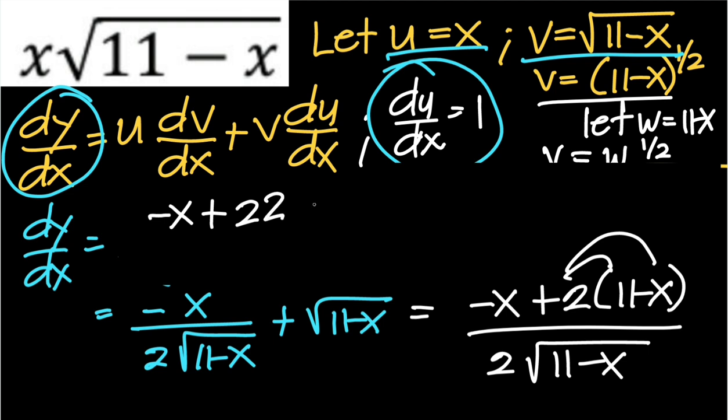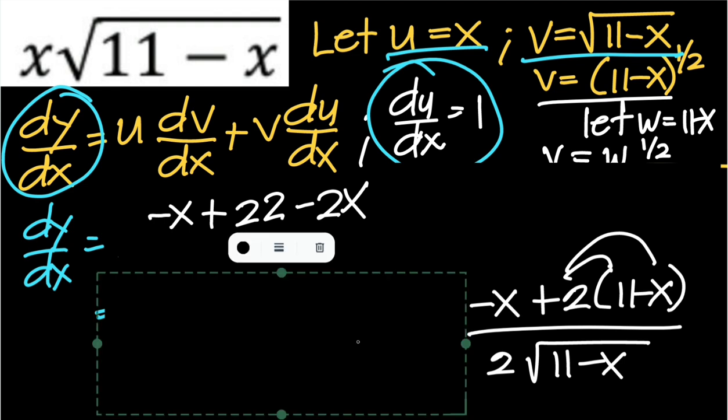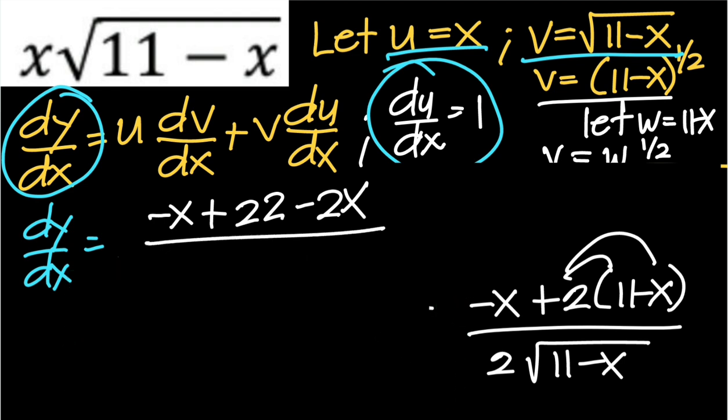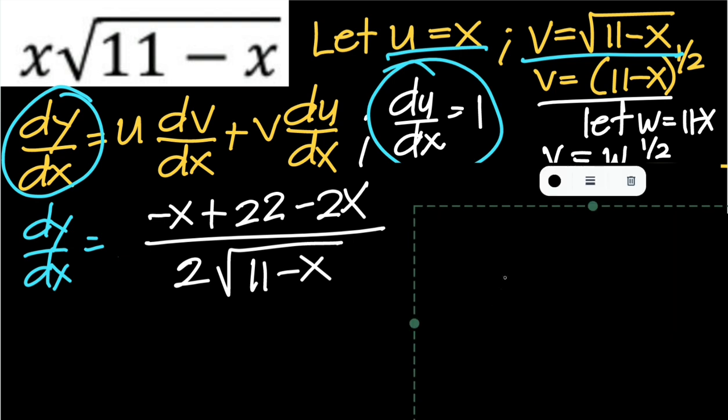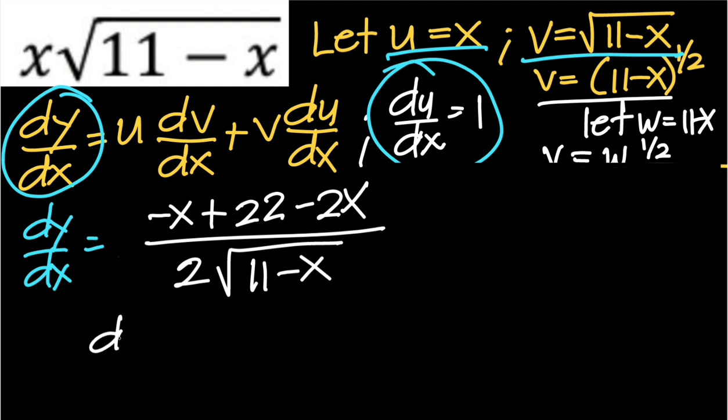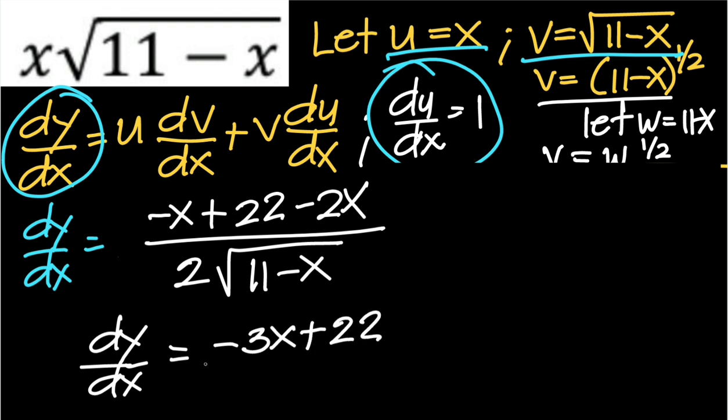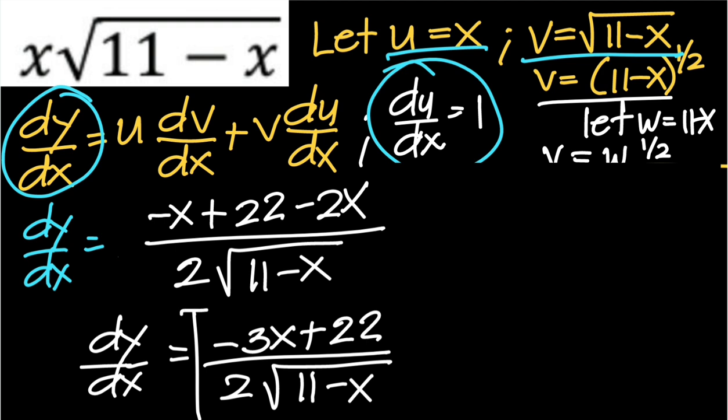This is 22 minus 2x over 2 square root of 11 minus x. Then we can further simplify this. So dy over dx is just equal to negative 3x plus 22 over 2 square root of 11 minus x. So this is our final answer.